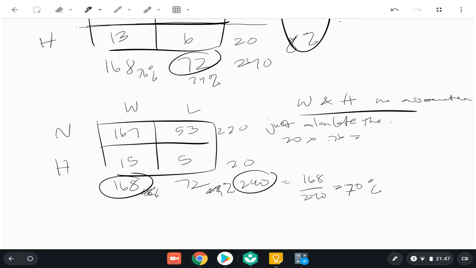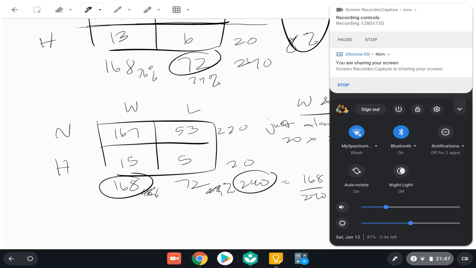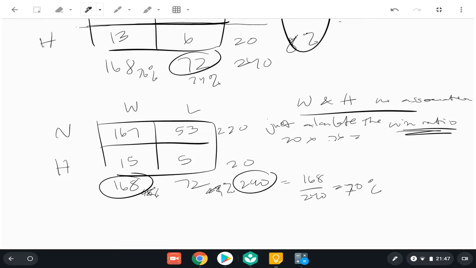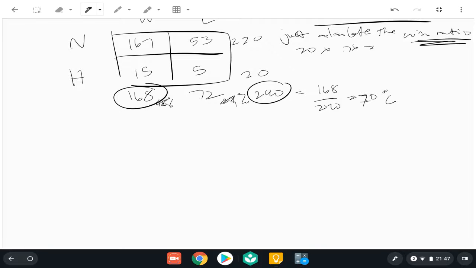Actually it is the win ratio. I missed this part. The obvious. Wow. Okay. Gee golly. What does it look like with this?